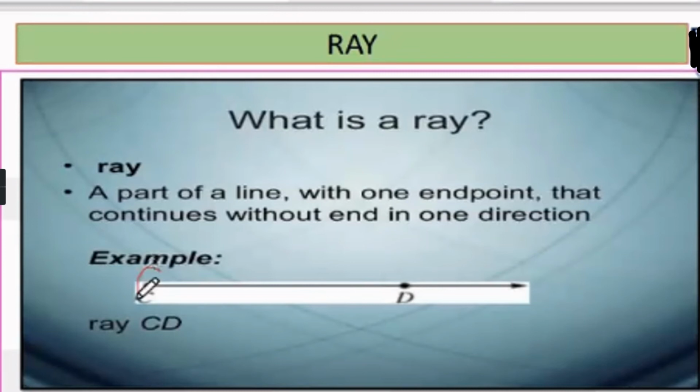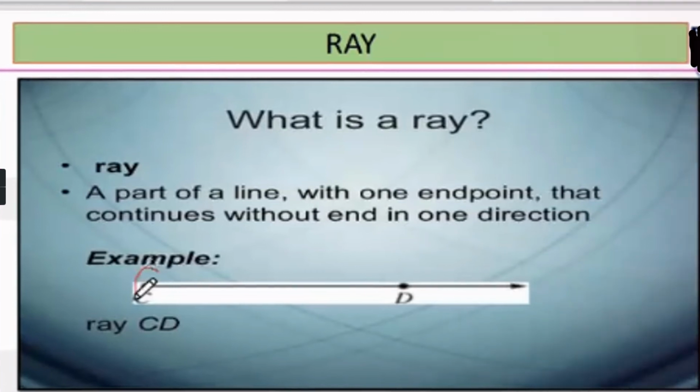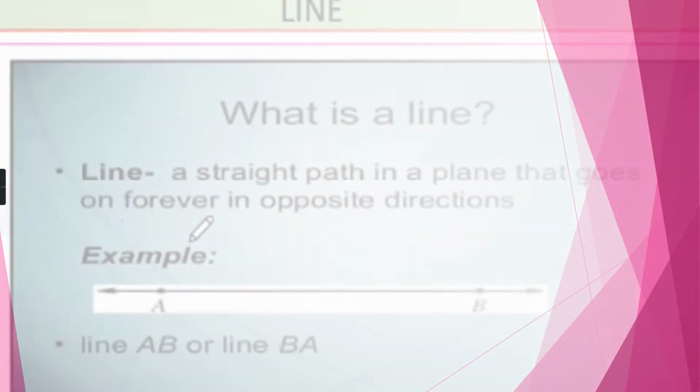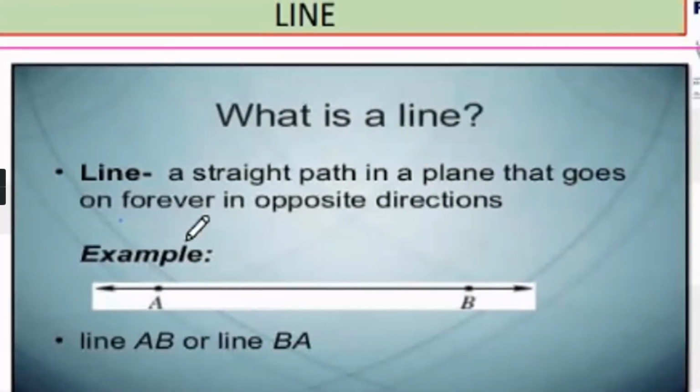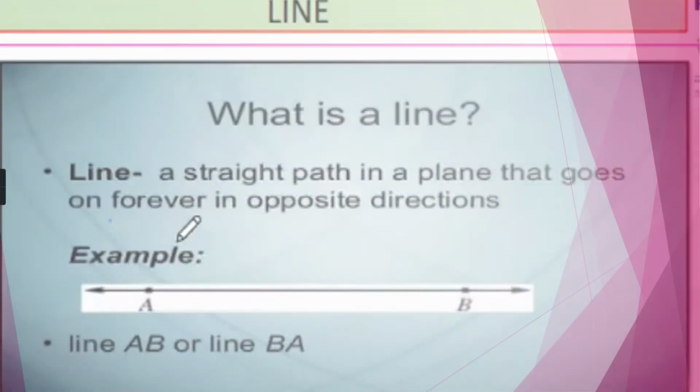Well, a ray is a path of line with one endpoint that continues without end in one direction. Now, what is a line? Well, a line is a straight path in a plane that goes on forever in opposite directions, like AB or BA.